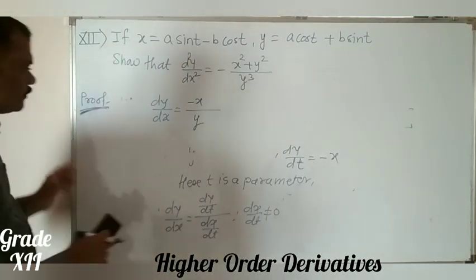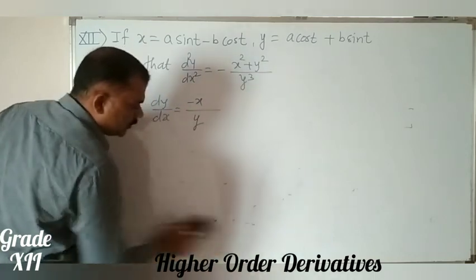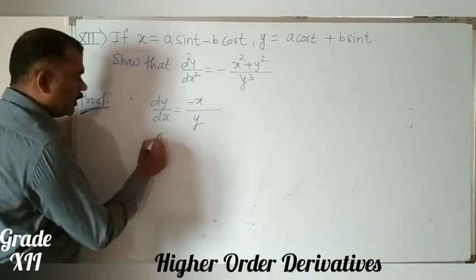Okay, we have to find d2y by dx square, so again we have to differentiate with respect to x.